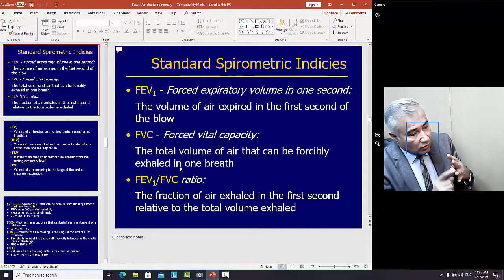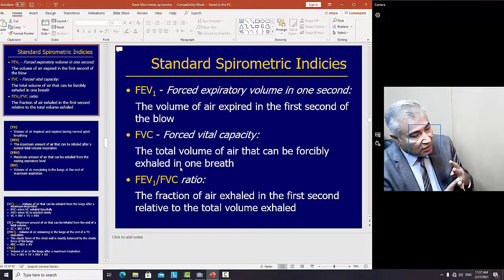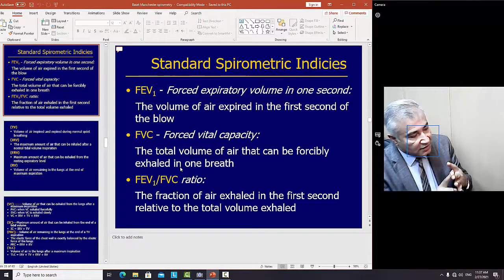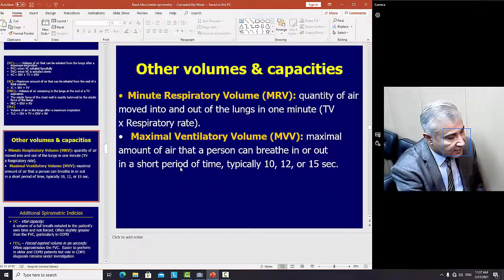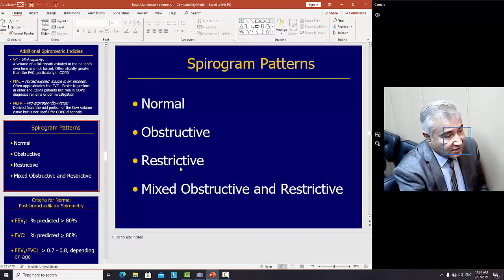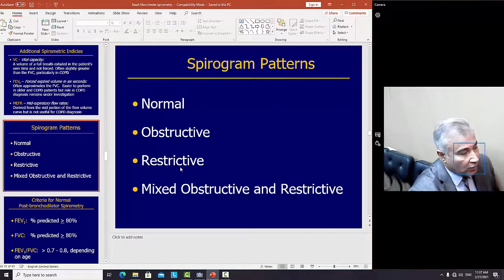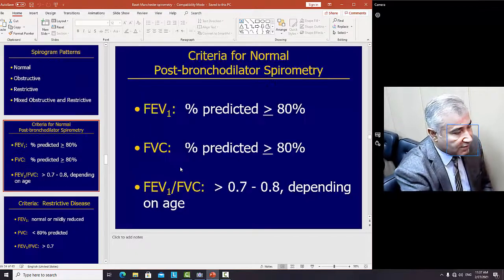So by using spirometer, I can detect first the normal pattern, second the obstructive pattern, third the restrictive pattern, fourth the mixed pattern of obstruction and restriction.